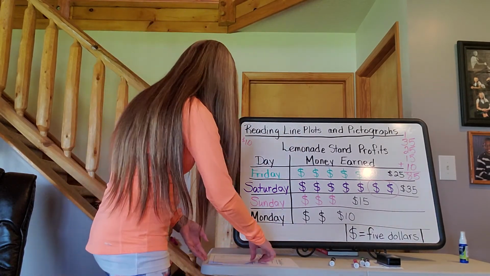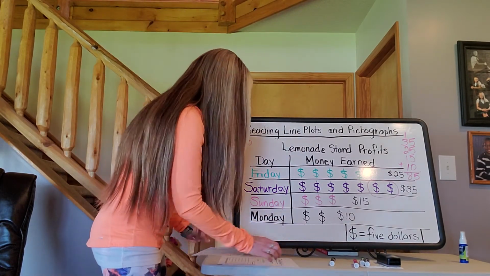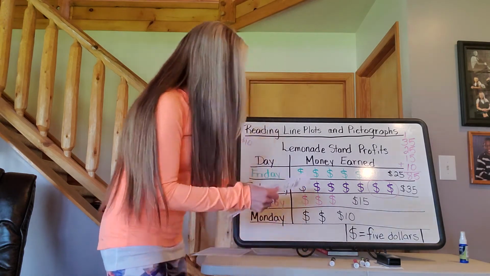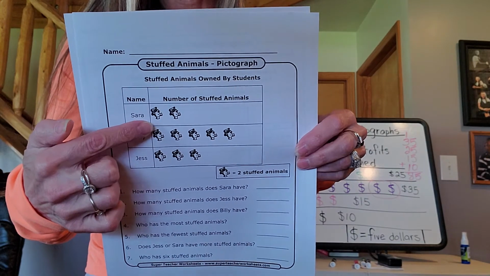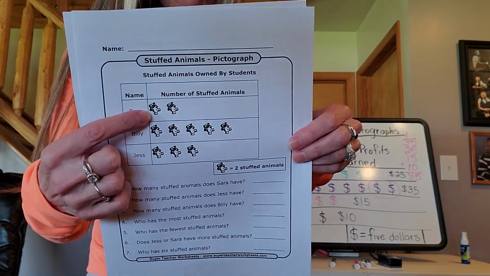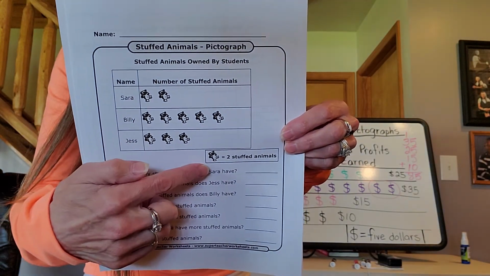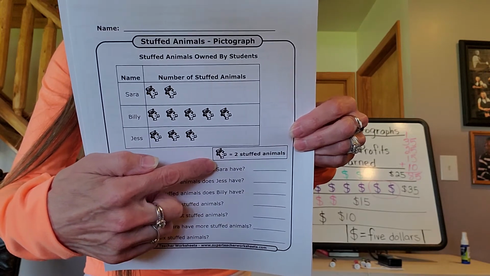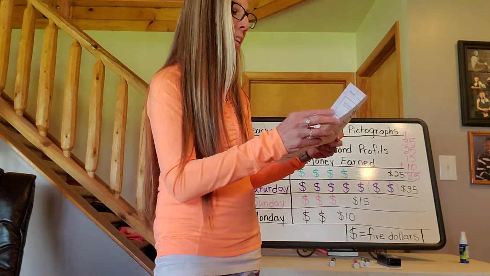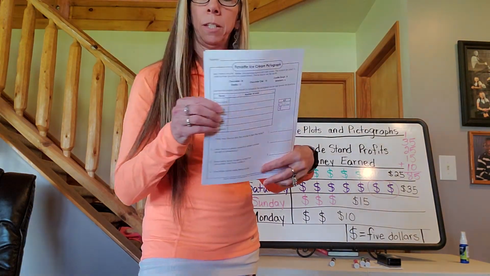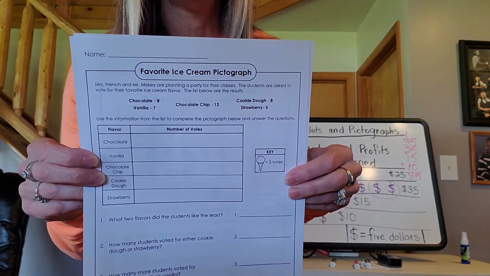You're going to have a couple of pictographs. One is going to be stuffed animals. How fun. Notice the picture is a little bear. He's a stuffed animal. And then again, down here is the key. Tells you what each stuffed animal represents. Make sure you look at that. It's so, so important. And then the other one is ice cream flavors.